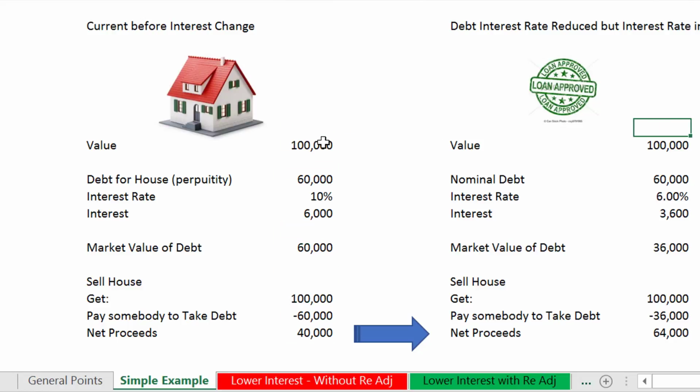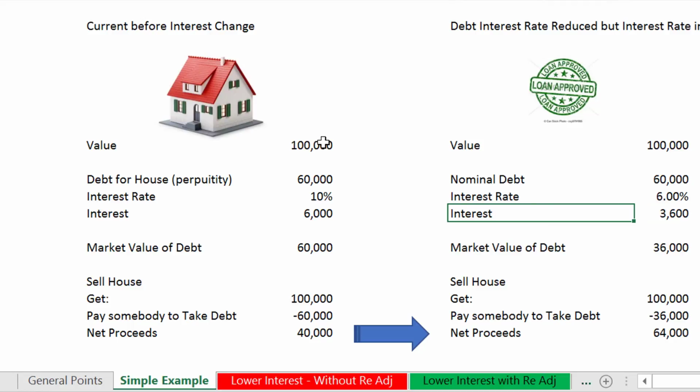Now let's say somebody comes along and gives you a new loan, and for some reason the cost of debt in the economy is still 6%, but they give you some break. They just say, I want to be nice to you because you're a special person, and you're going to get 60. That's like a 40% tax rate. That's like we get a deduction for the debt.